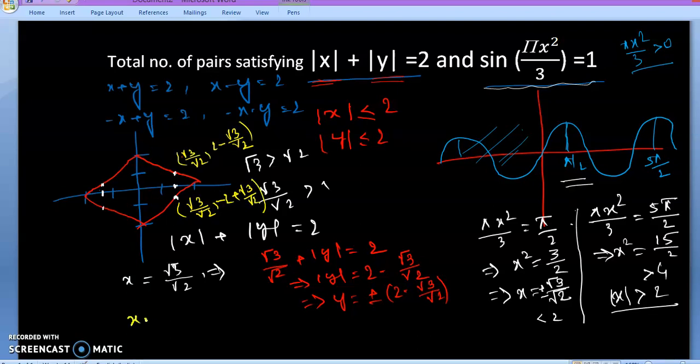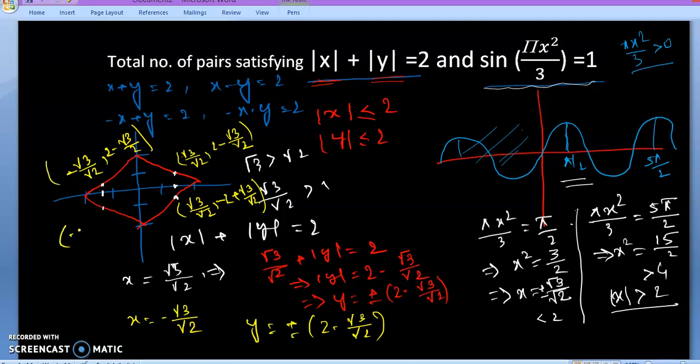Similarly, if you put x equals minus root 3 by root 2, you get y equals plus minus of 2 minus root 3 by root 2. One point is minus root 3 by root 2 with 2 minus root 3 by root 2, and another is minus root 3 by root 2 with minus 2 plus root 3 by root 2. So there are four pairs of solutions. Clear? Very good.